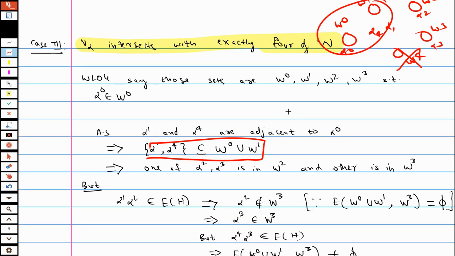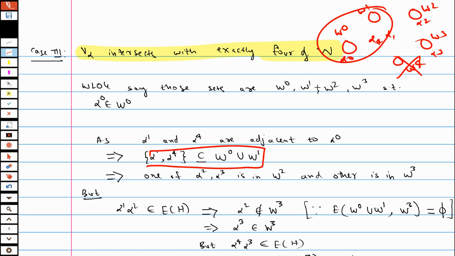We know that alpha 1 and alpha 2 is an edge, so alpha 2 can't be in W3, because alpha 1 is here. One of alpha 2 is in W2 and one of alpha 3 is in W3.